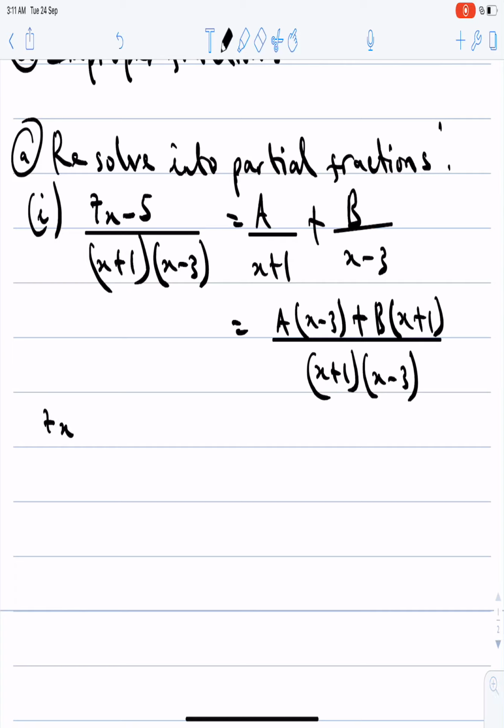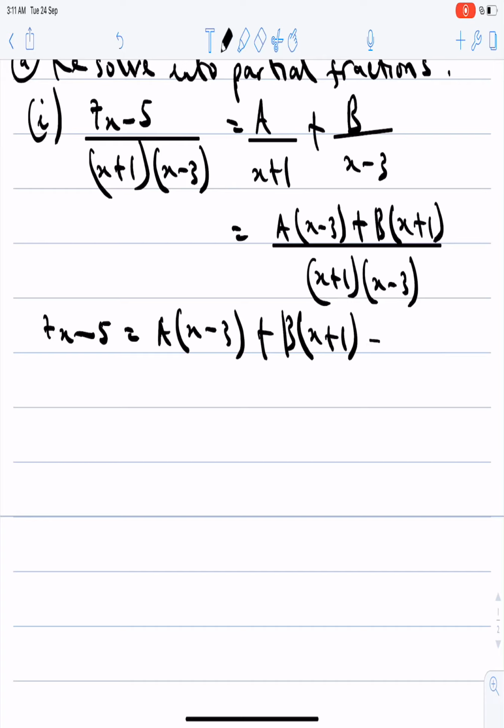So that means 7x minus 5 is equivalent to a times x minus 3 plus b times x plus 1. So I'm calling this equation 1. Putting x equals 3 in equation 1.